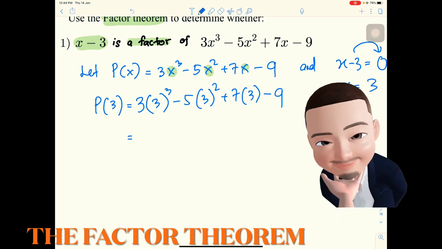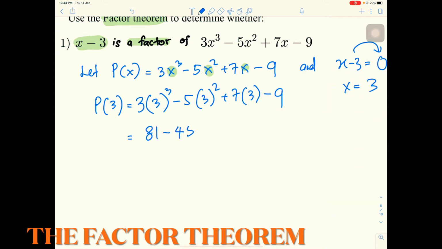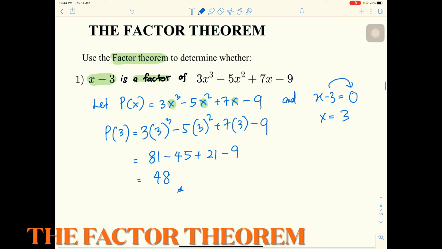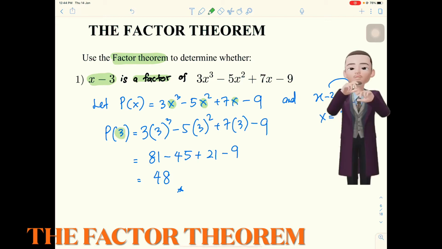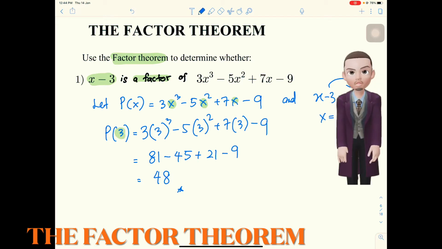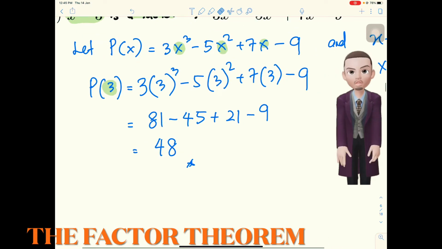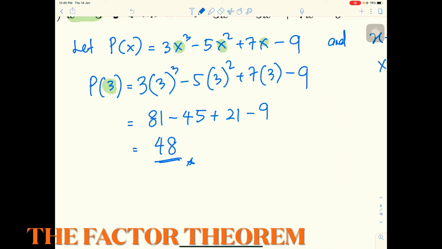By using your calculator, you will get 81 minus 45 plus 21 minus 9, so it equals 48. As you know, if x minus 3 is a factor, then if you substitute the value of 3 into the polynomial, it must become 0. But now the answer is 48. So what is our conclusion?